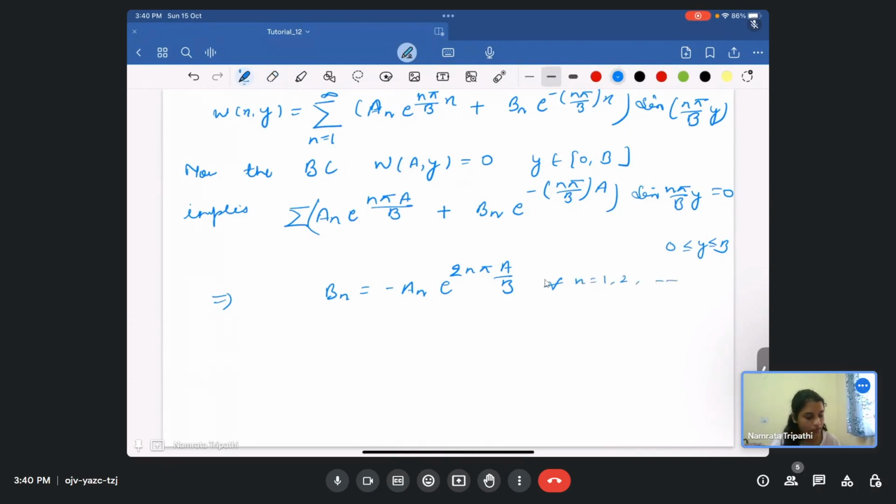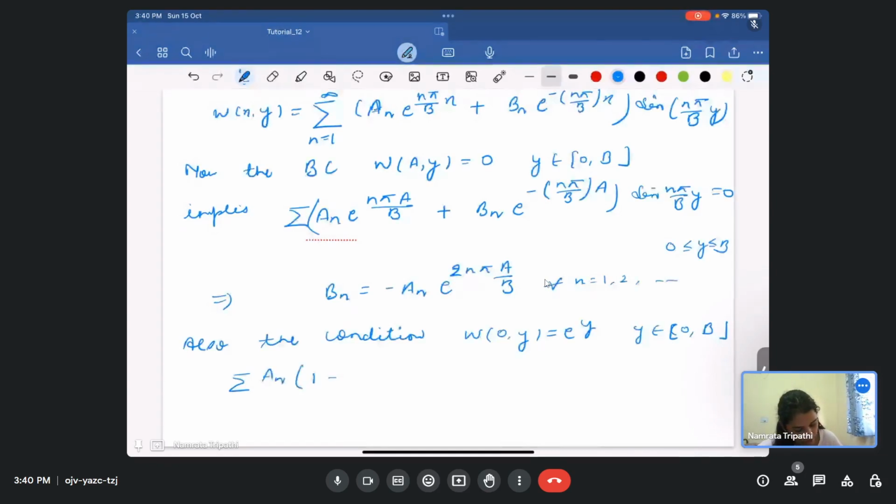Okay. Another boundary condition. e to the power y, where y belongs to 0 to b, which implies, so you have to substitute bn, and I'm taking an outside, and then I'm putting the value of x is equals to 0.